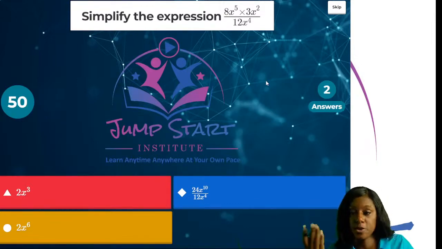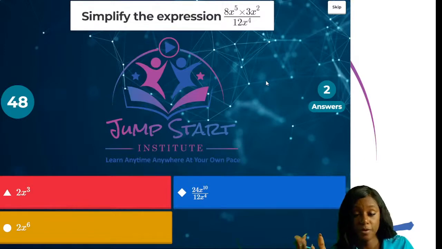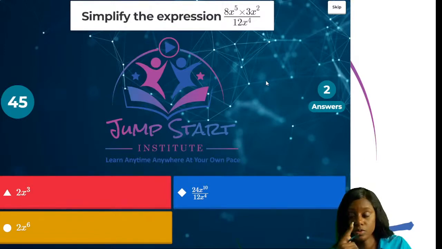So again, multiply your numerator just to simplify it, make it easier for you. Multiply your numerator and then you divide your denominator.